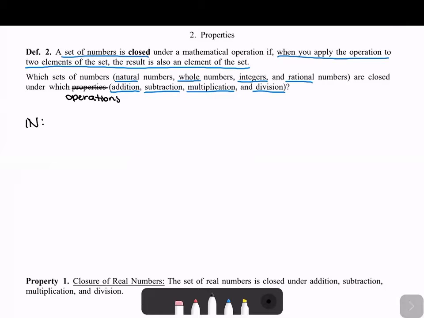So whenever you add two natural numbers, whenever you add two positive counting numbers, you just move further along the number line and you still stay with those whole numbers, those natural numbers, those counting numbers, however you want to say it. So this is closed under addition, but then it's also closed under multiplication then, because remember that multiplication is just repeated addition.